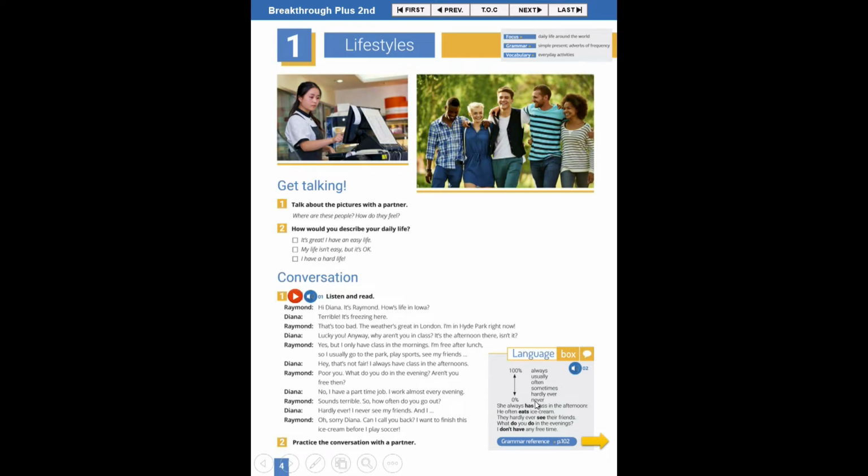So here are some examples of adverbs of frequency that you saw. And on the scale, it tells you how often someone does something using these words.